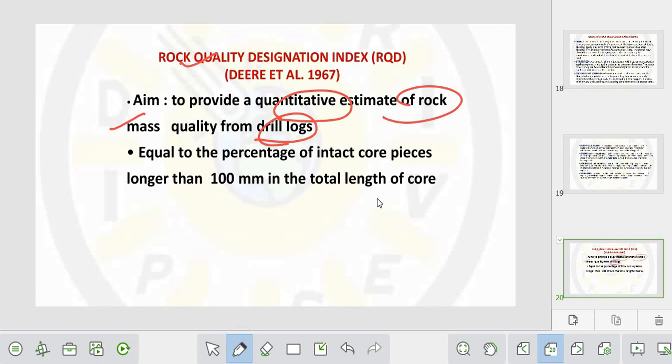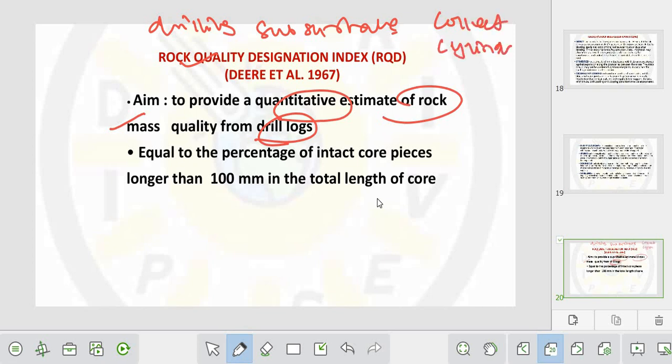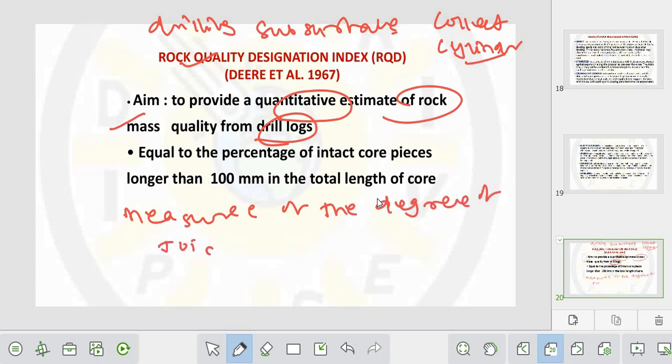Okay, when we log the core, or when we drill the surface and collect the core sample, है ना, cylindrical core sample. So why is RQD important? ठीक है, what is the application of RQD? It measures the degree of jointing, जैसे मान लो, degree of jointing or fracture in rock cores.